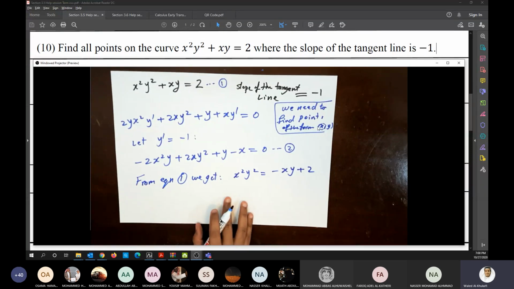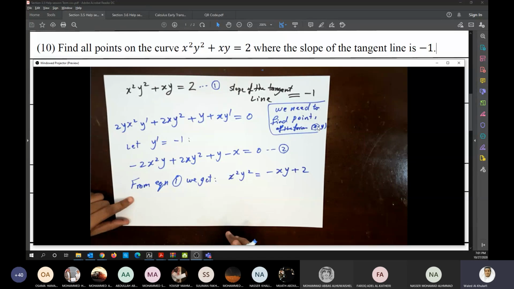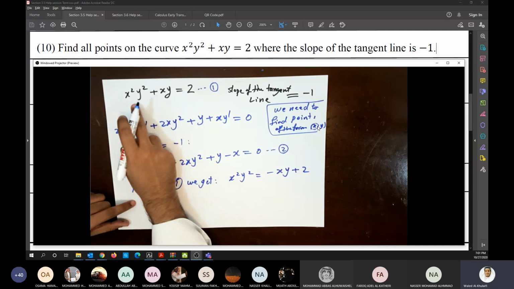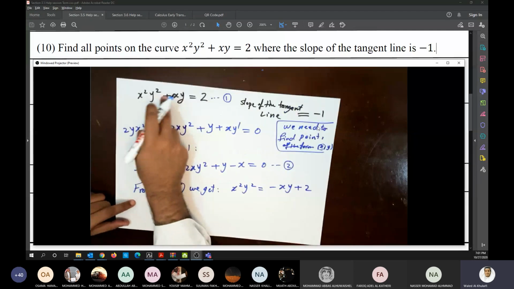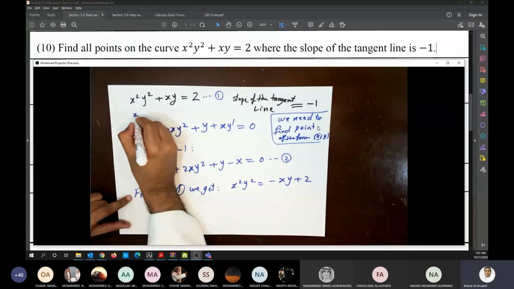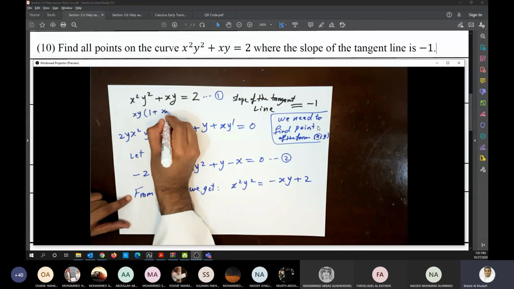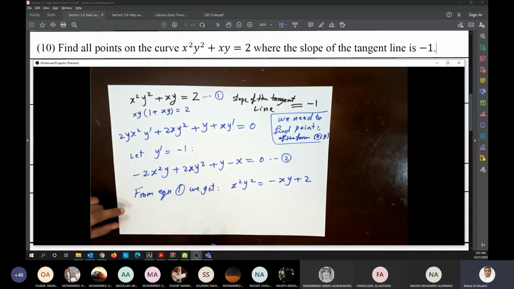Common factor. If I took a common factor, still 1 plus xy, you get it here. So we can substitute 1 plus xy equals 2.